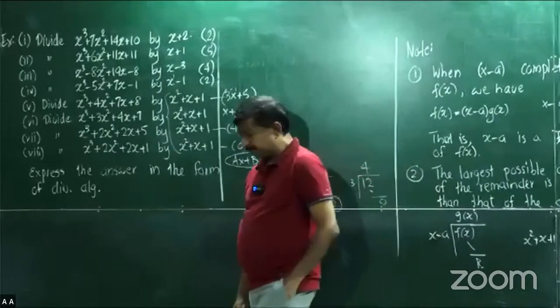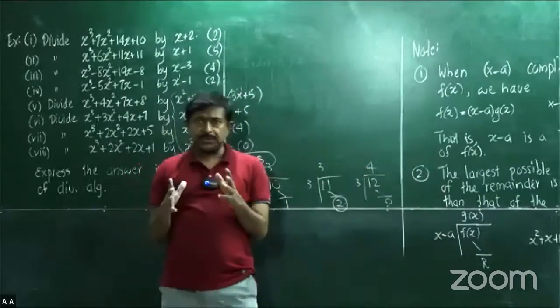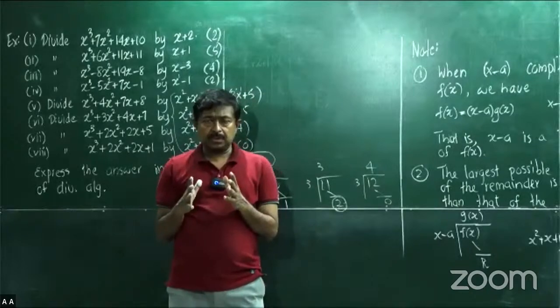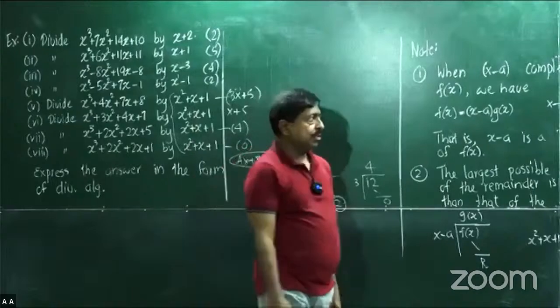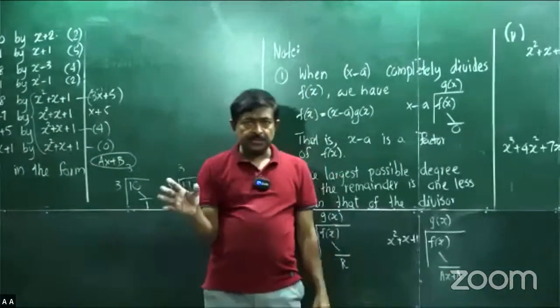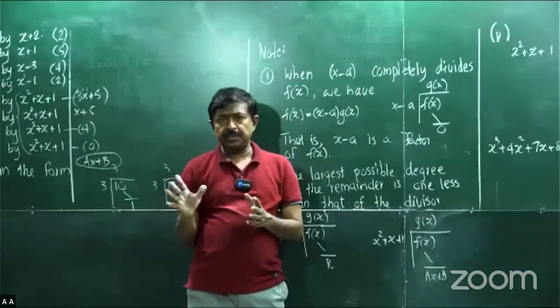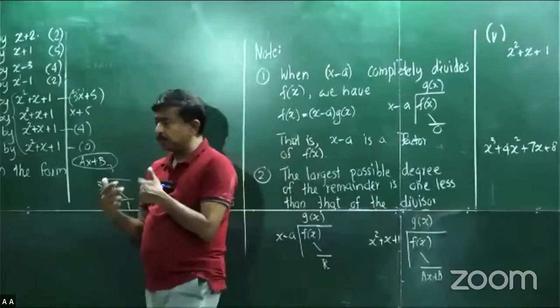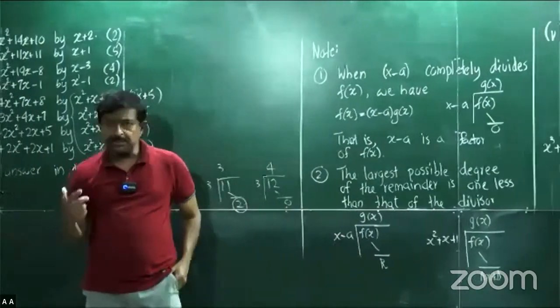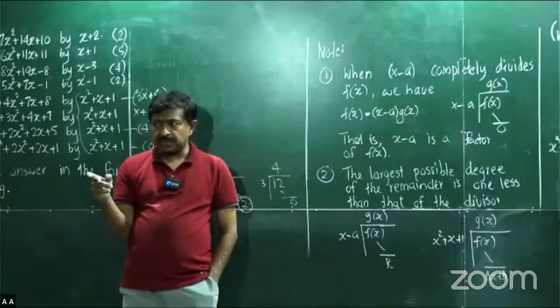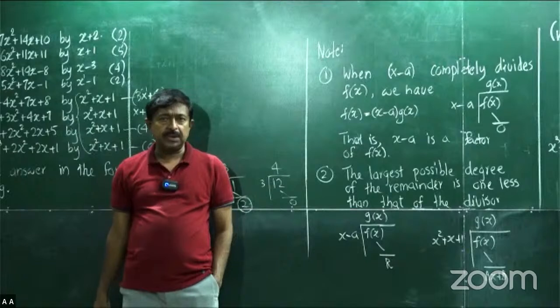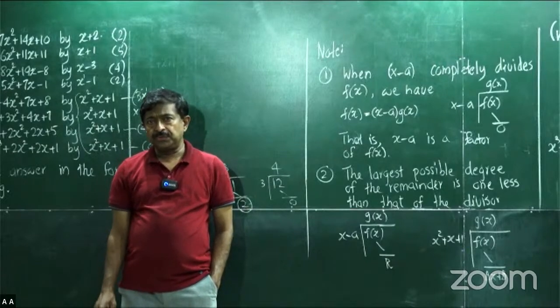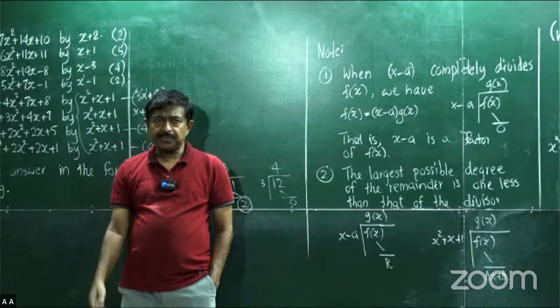But to get a solid background of the remainder theorem, we need to spend some time doing those problems. So the time left today is not sufficient. We can do it next time.